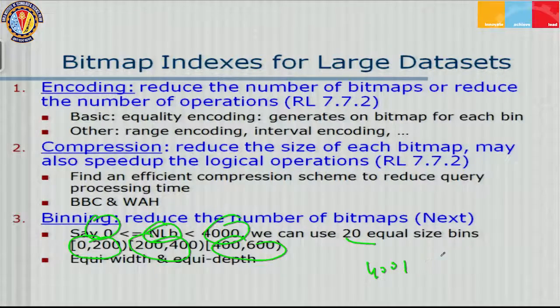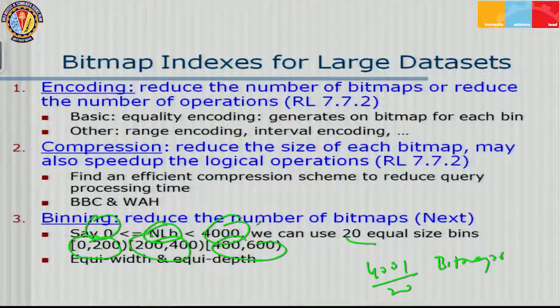I would have to create 4001 bitmaps, right? Instead, I am creating only 20 bitmaps because I am binning values from 0 to 200, then 200 to 400, and so on, going up to 4000. This helps in reducing the space requirement of bitmap indexes, especially when you are trying to create bitmaps on high cardinality attributes.